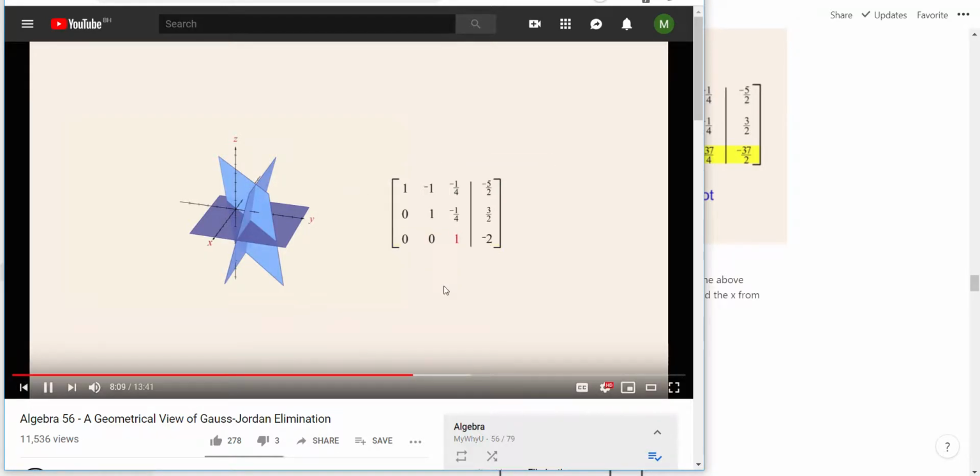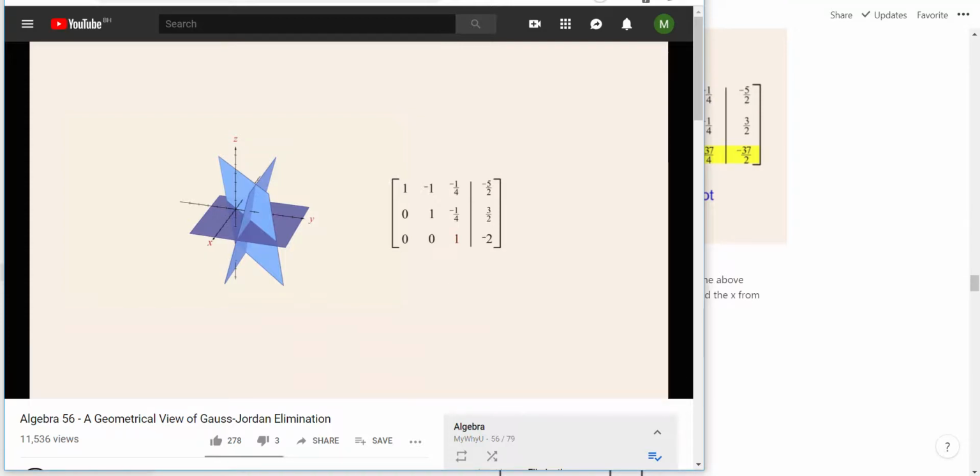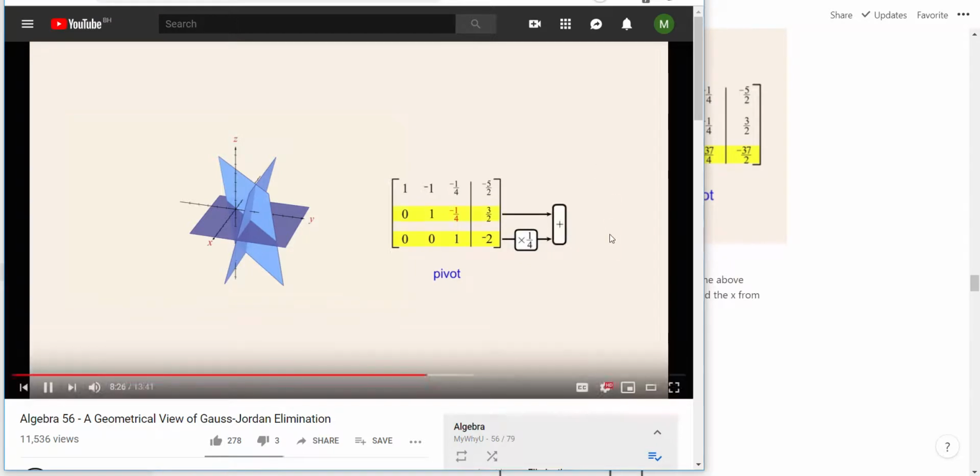It has no effect on the planes. Now we work from bottom to top, changing the entry above the 1 in column 3 to a 0, using another pivot operation to add 1/4 times row 3 to row 2.